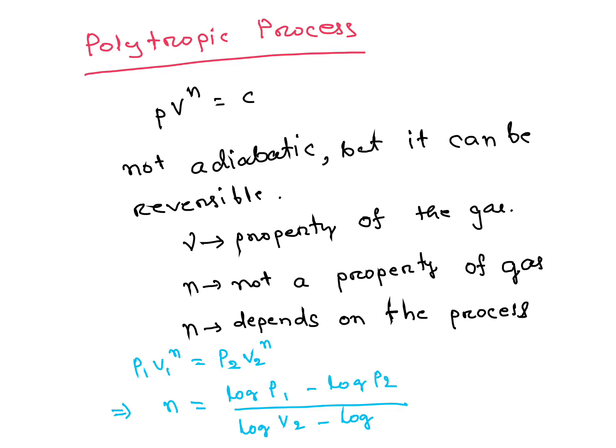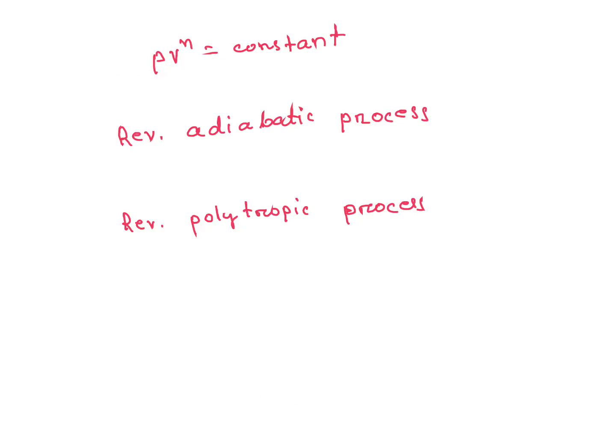In a polytropic process, PV to the power n equals constant. This is very important. In a reversible adiabatic process, change in entropy equals 0. And for a reversible polytropic process, change in entropy is not equal to 0.